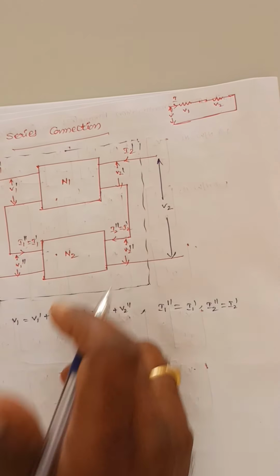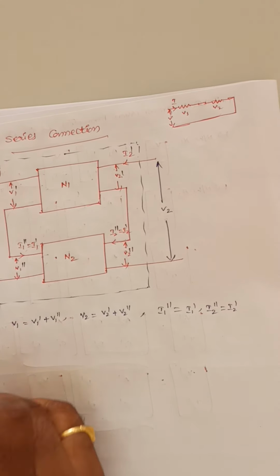Now let us write the Z parameters for network N1.